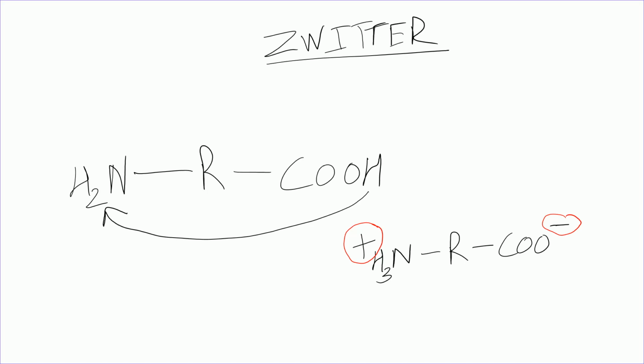Remember, this R could have additional groups connected to it. This R does not necessarily have to be only carbon. It could have other positive and negative ions connected to it. So based on what R is, we could get a positively charged amino acid or a negatively charged amino acid.